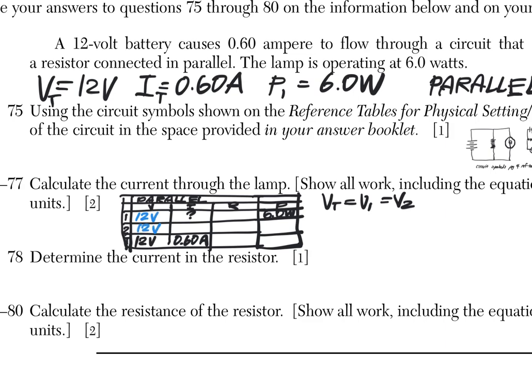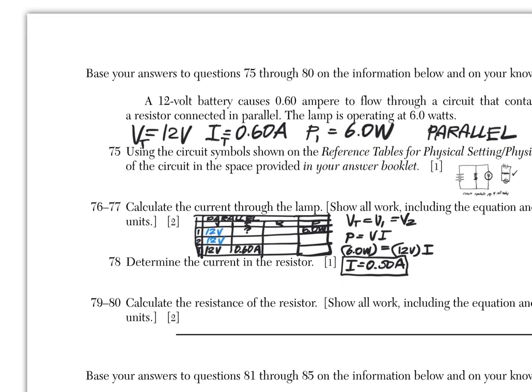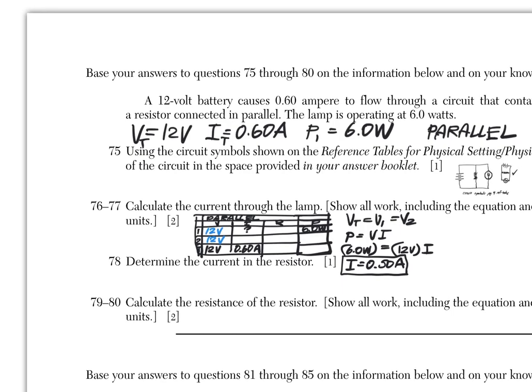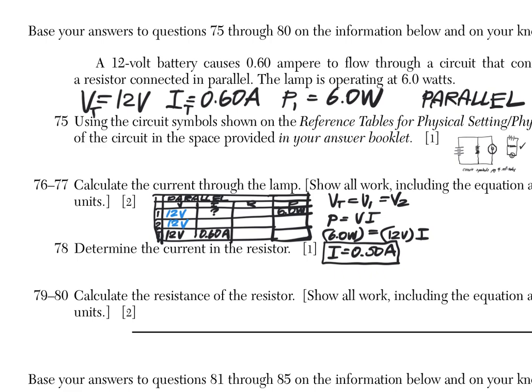And now that I know the voltage for the lamp and I know the power for the lamp, P of course is VI, so I'm going to stick in 6 watts for the lamp. I know its voltage is 12 volts, and I'm going to solve for the current. 6 divided by 12, I wind up with half an amp in the lamp. There you go. You should show some work there, so I did show some equations. I did substitute with units, and so there's my answer.